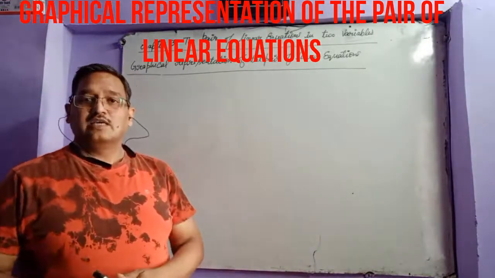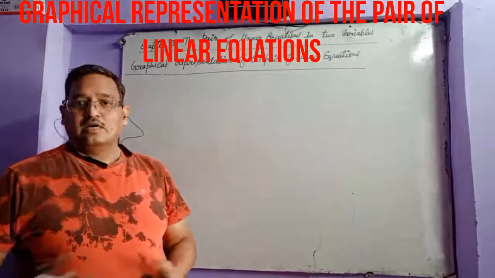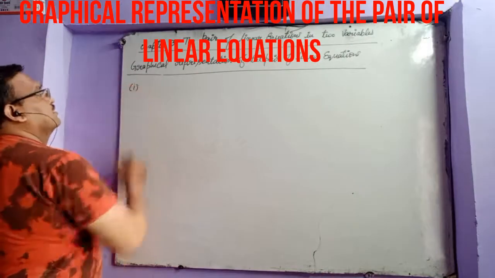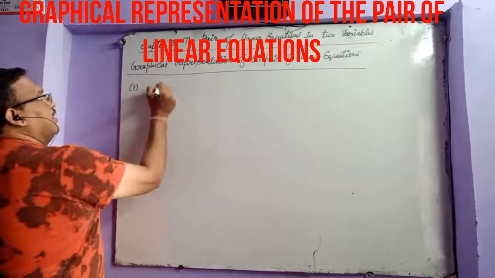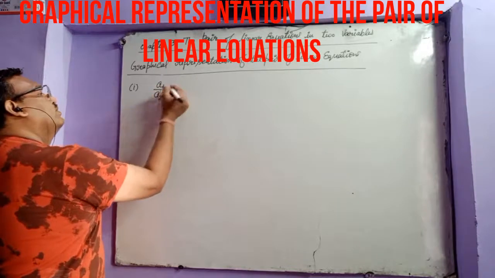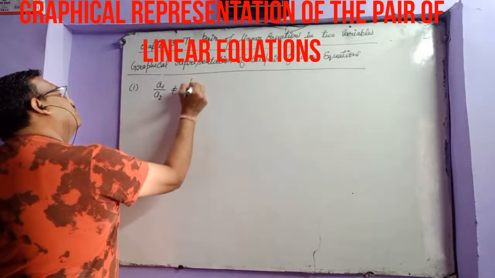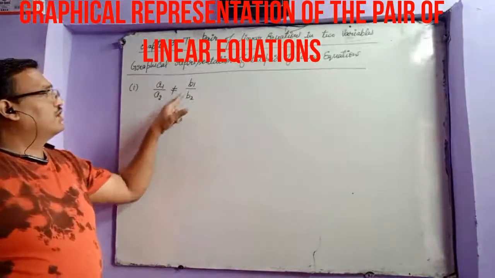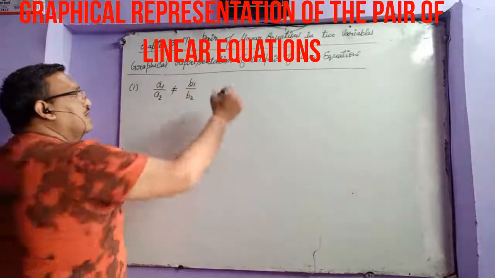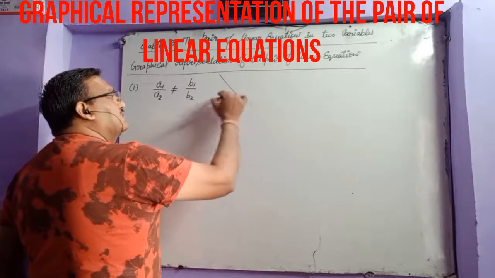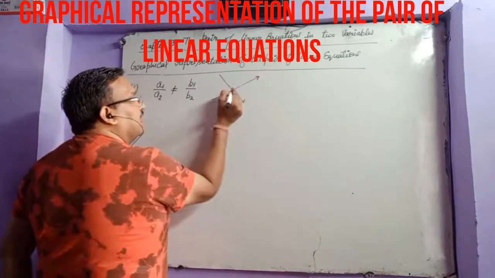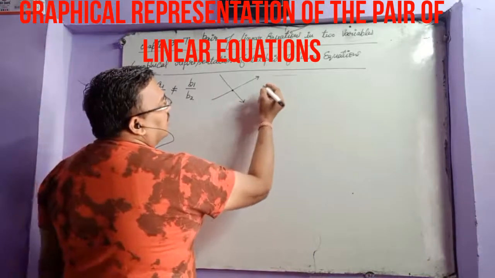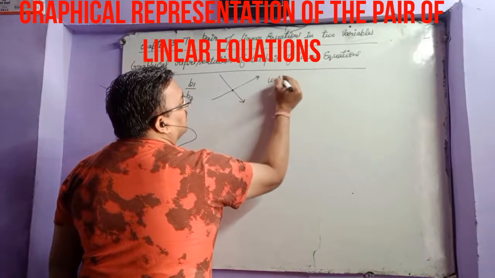And what condition can we see on the graph paper? There are three conditions. Number one is a1 upon a2 is not equal to b1 upon b2. Then the lines will be intersecting at a point. Both the lines are intersecting each other at a point, and it is called a unique solution.